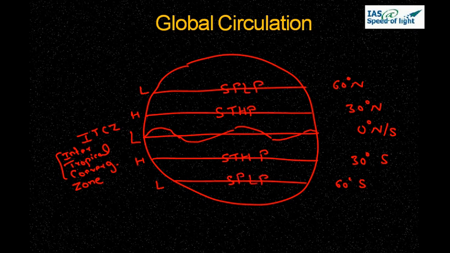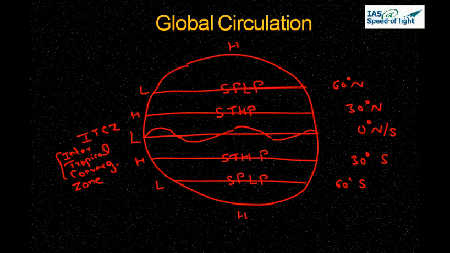So ITCZ, subtropical high pressure belt, then subpolar low pressure belt. But it is not such a strong low pressure area as ITCZ is. Again, all these pressure belts shift with the shifting of the sun from the summer solstice to the winter solstice, and here we have another high pressure belt, the polar highs.